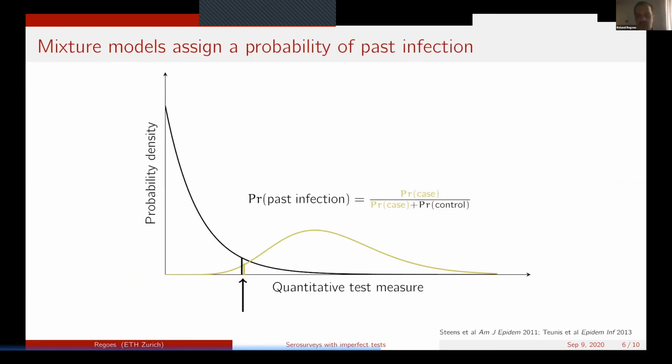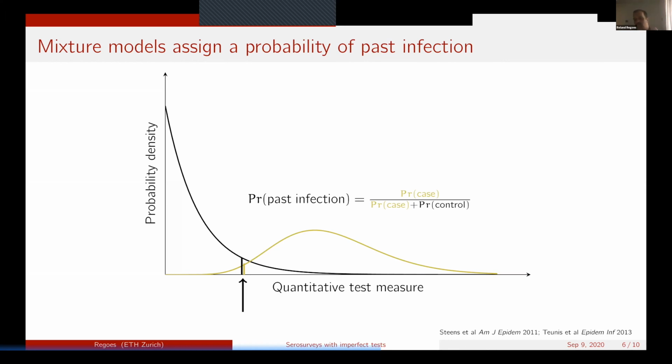And in these mixture models, as I said, we are assigning a probability of past infection rather than saying somebody's seropositive or seronegative. So if you have a person with this particular quantitative test measure, then by looking at the probability densities for cases and controls and their ratio, you can define this probability of past infection.